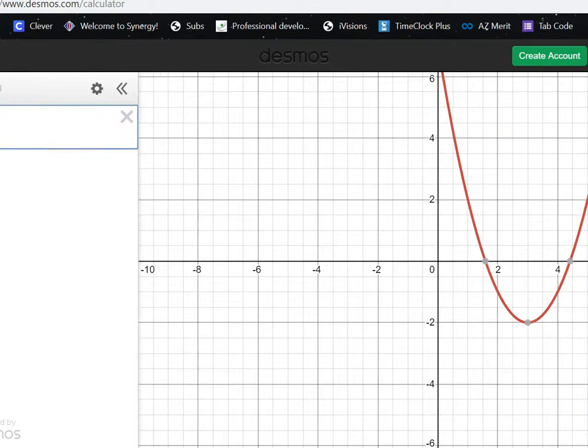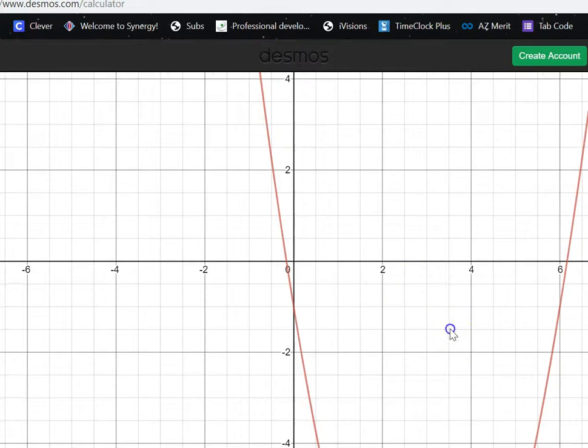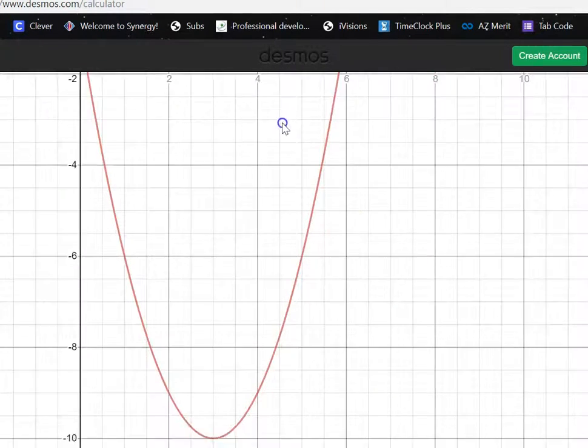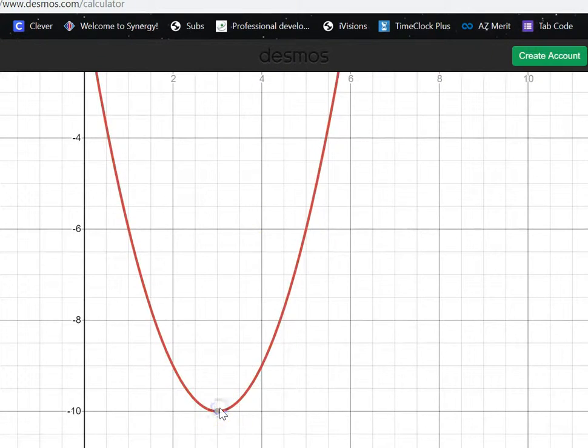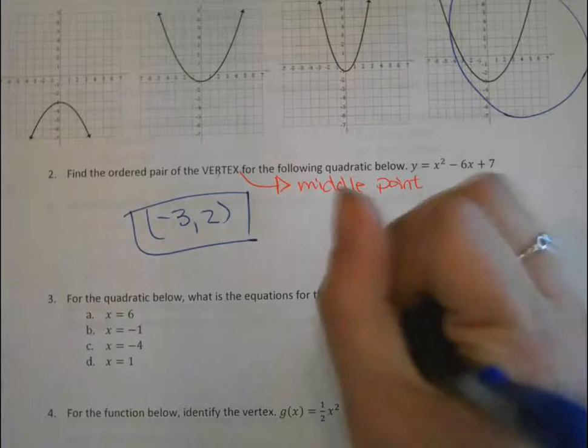I'm going to hide this, and I'm going to move my graph. I just click the screen and drag it, and then I'm going to click right here. So I just want the x value of my vertex, which is 3. So I'm going back here. I'm looking for the choice that is x equals 3. It's B.